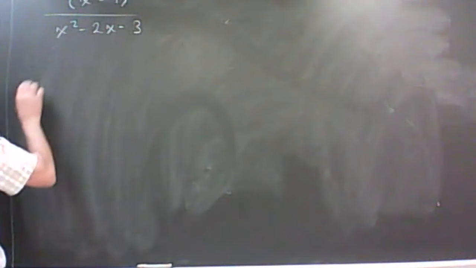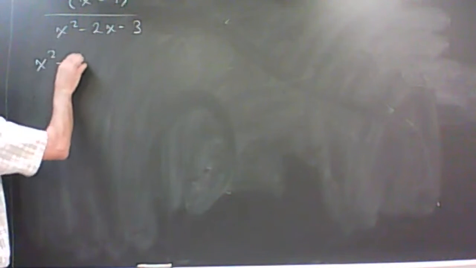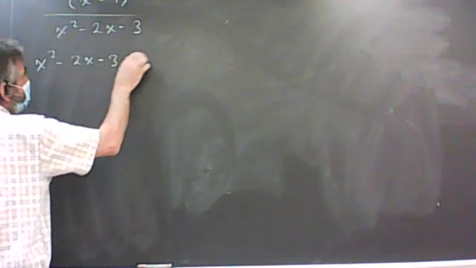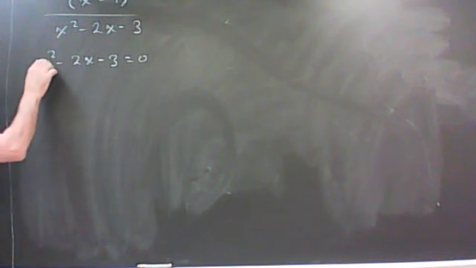Yeah? So we start with domain. So what's the domain? Well, let's figure out what the zeros are first. x squared minus 2x minus 3 equals 0. That's the denominator. Yeah? And then we need to factor this.